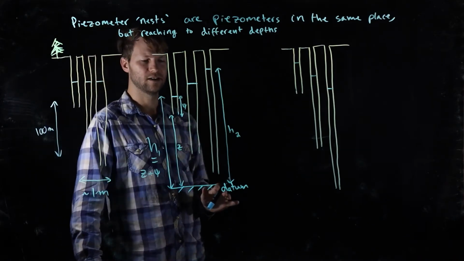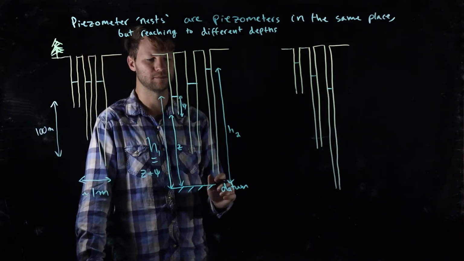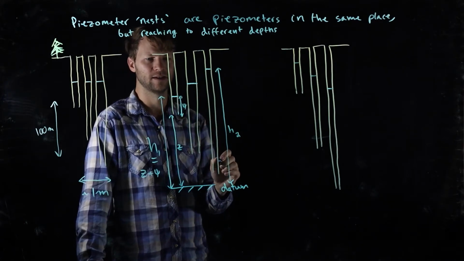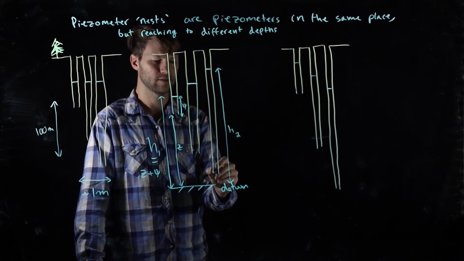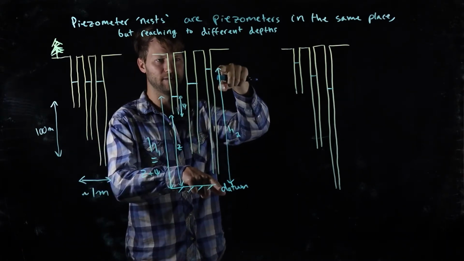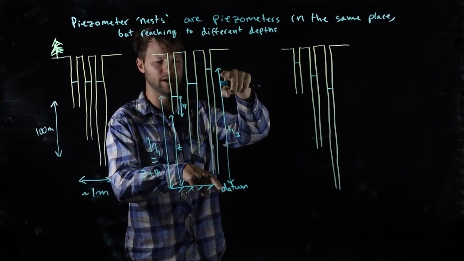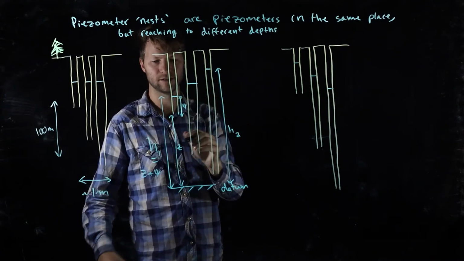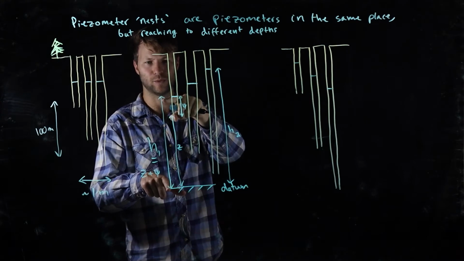Remember Darcy's law, water flows from spots with relatively high head to low head. So right here in the subsurface, there's a very high amount of total head, most of which in this case is the pressure head. Right here, there's a relatively smaller amount of head in H1.